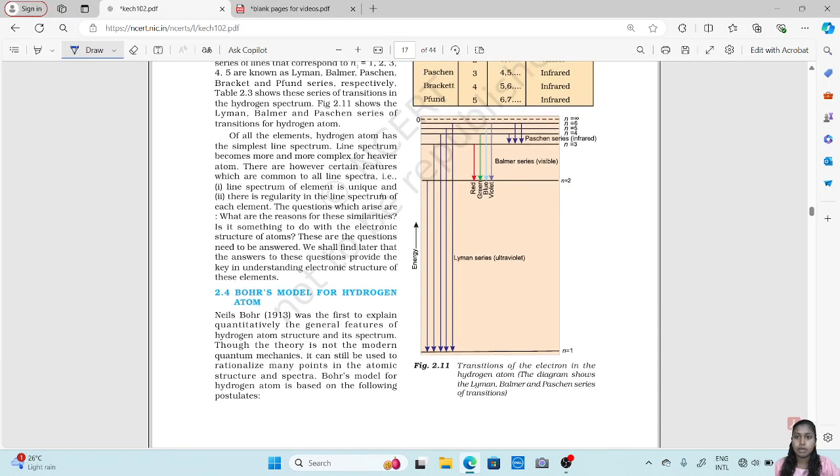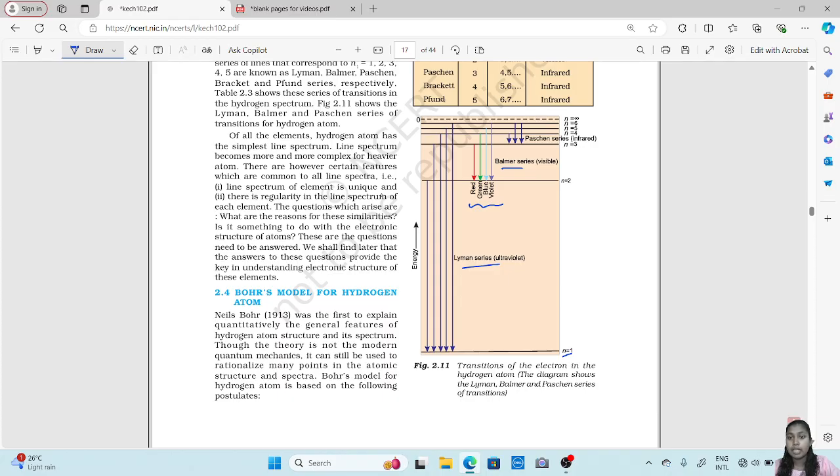This is where n is equal to 1. This is how it will look, and this is the Lyman series. When n is equal to 2, it is the visible part, right? This entire part is the visible range, so this is the Balmer series.